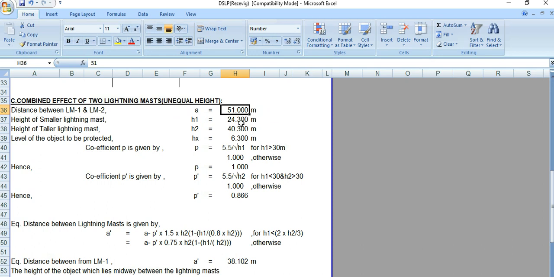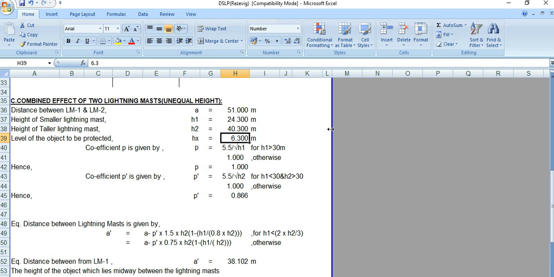The height of the smaller mast, H1, is 24.3 meter, and the height of the taller mast, H2, is 40.3 meter, and the level of the object to be protected, Hx, is 6.3 meter.